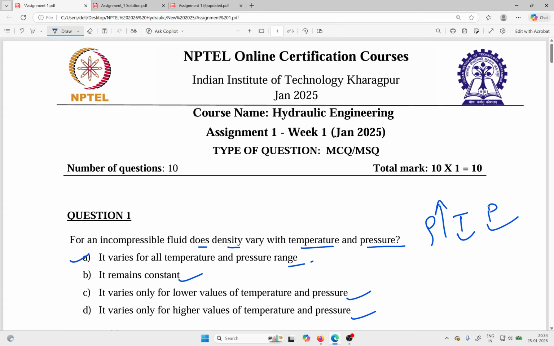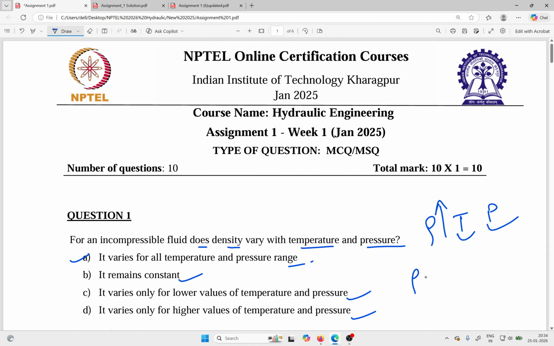If the temperature or pressure changes, what will happen to the density? Option A means the density varies for all temperature and pressure ranges. Option B means density remains constant whatever the temperature is.